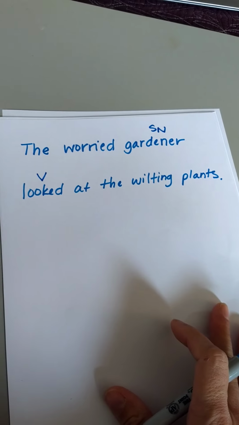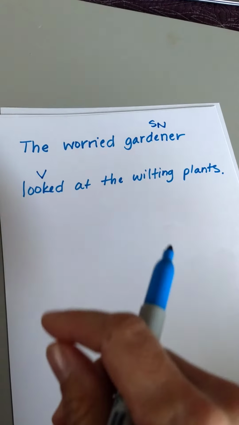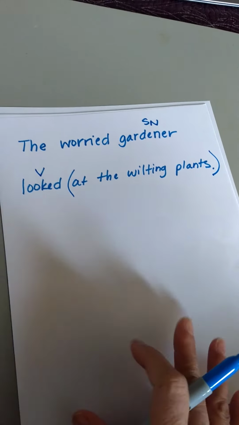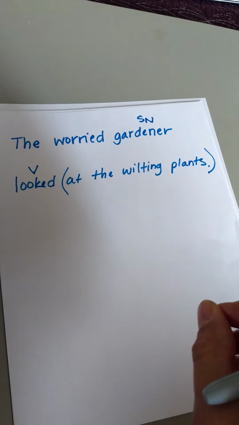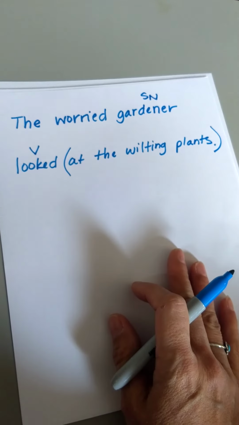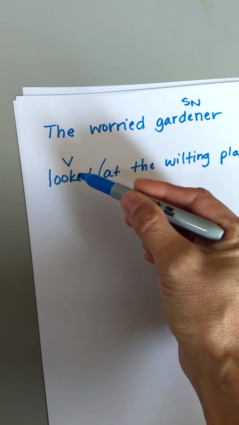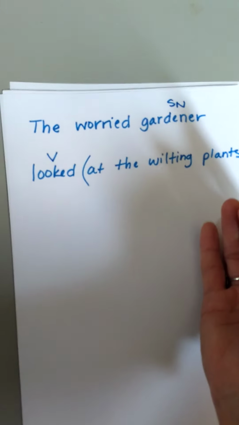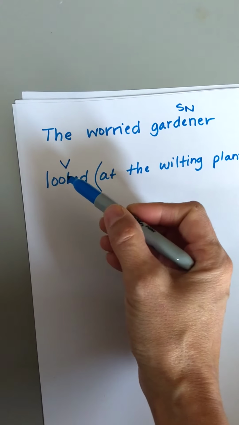I also didn't, at the beginning, which I should have, ask about prepositional phrases. I caught myself now. At the wilting plants, that's going to be a prepositional phrase. So I should have had that in parentheses already, so it's not going to be part of my pattern. So my who gardener looked who or what, there's nothing there to answer it because this is a prepositional phrase. It cannot be used to answer this question.